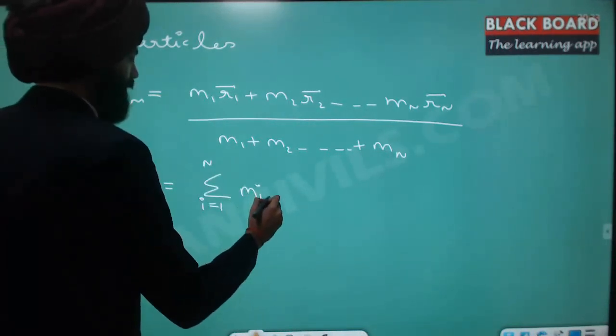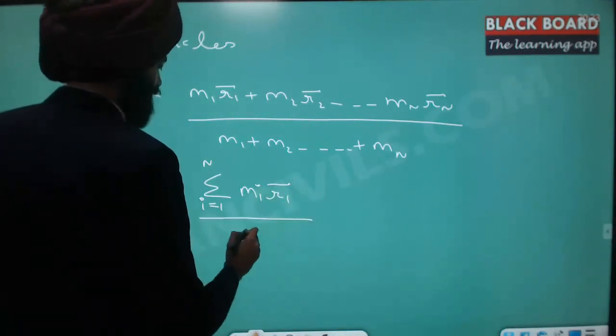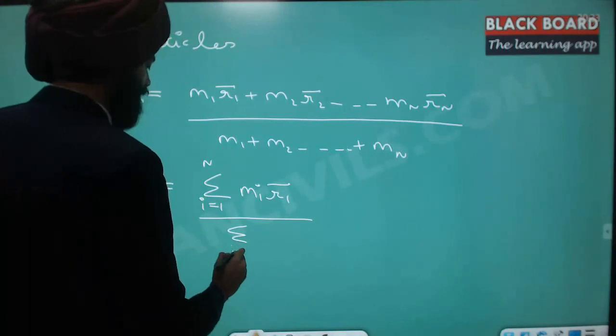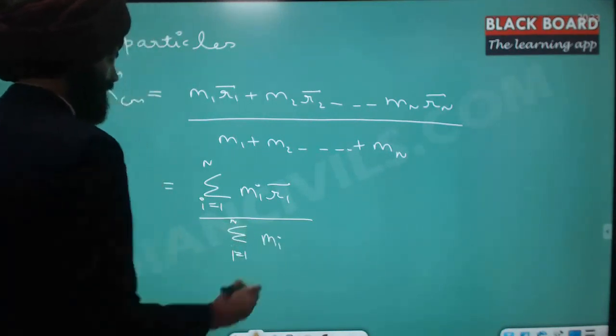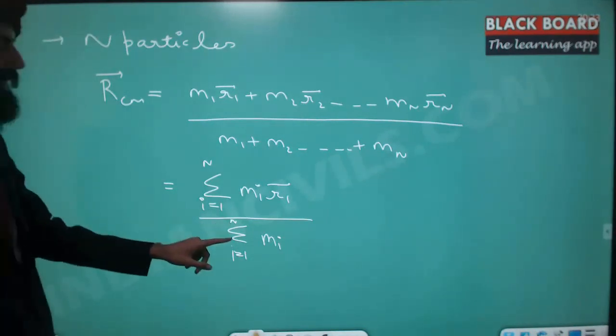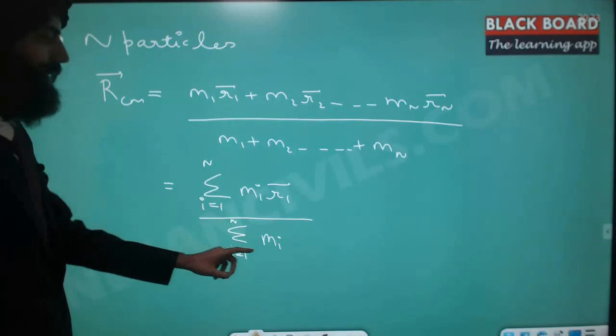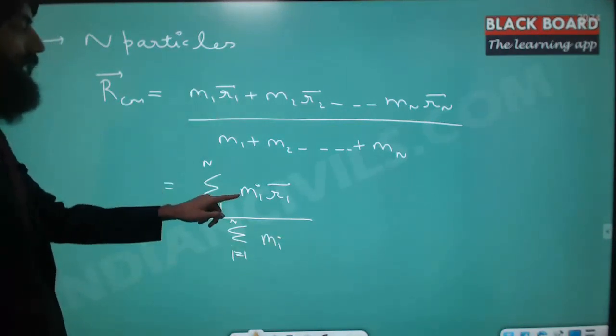mi ri divided by summation i goes from 1 to n mi. Okay, so if there are n particles, we need here the sum over the masses of all the particles, and this is nothing but the same expression but in a condensed form.